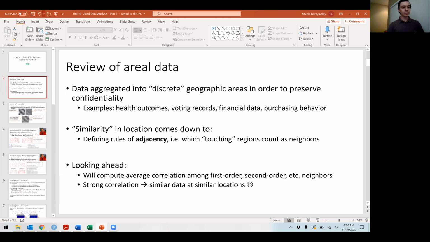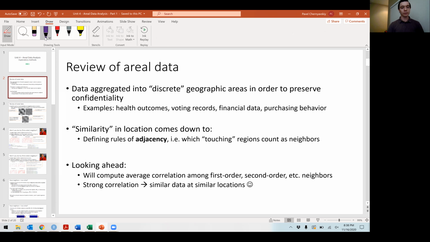Just a quick review about what we're dealing with here. Aerial data, we have our outcomes that are aggregated into some kind of discrete geographic areas. These could be counties. These could be states. These could be congressional districts. These could be census tracts.